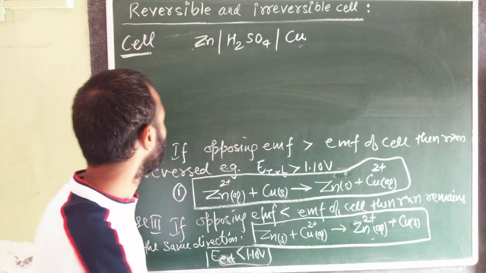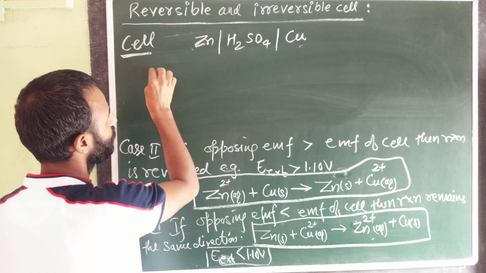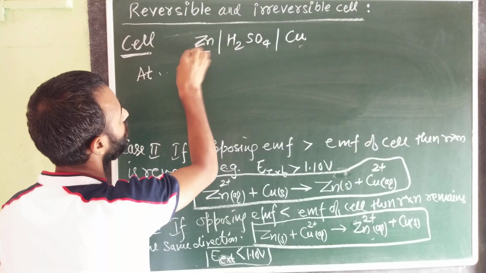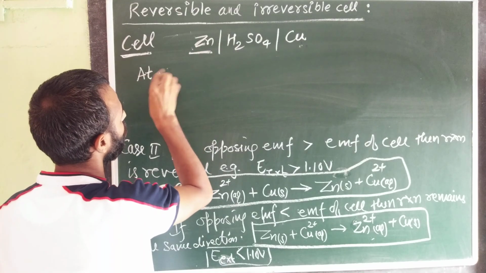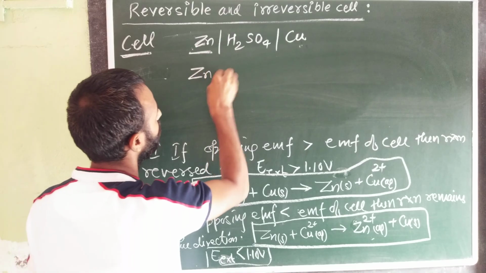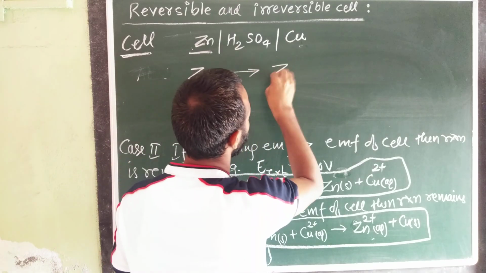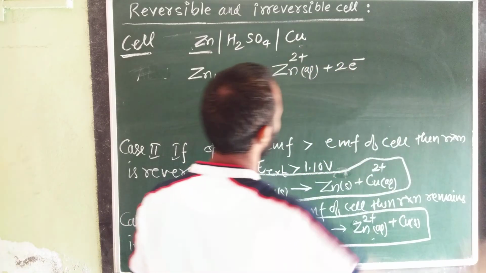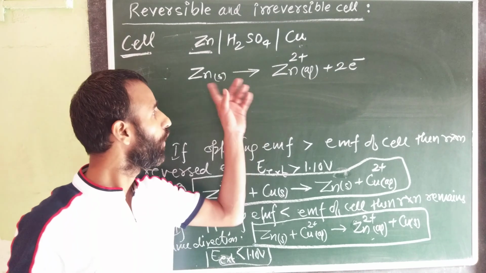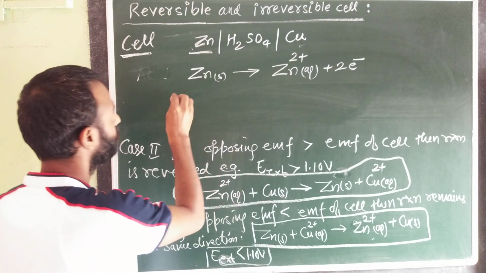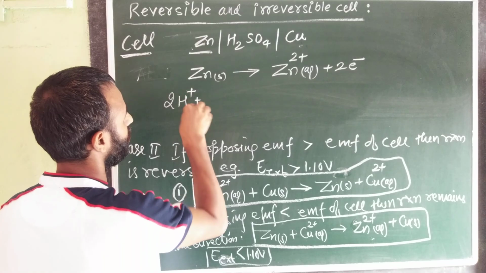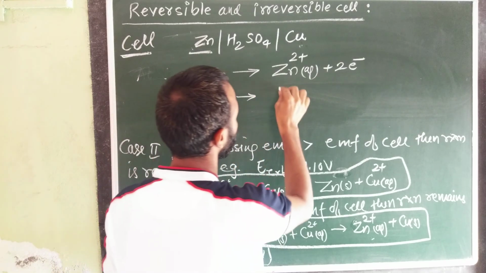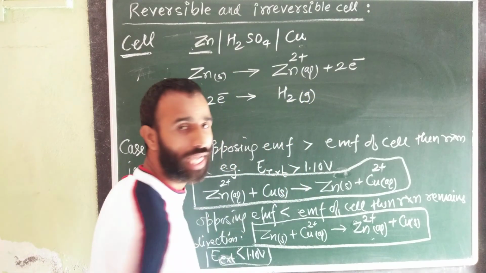Now when we connect, at zinc, when zinc dissolves, on the same electrode H plus in contact with zinc gains electrons to give H2 gas.